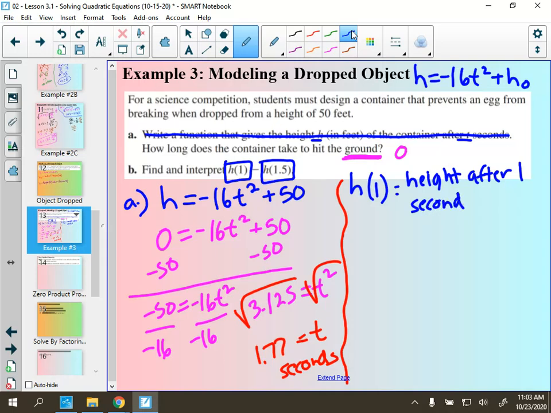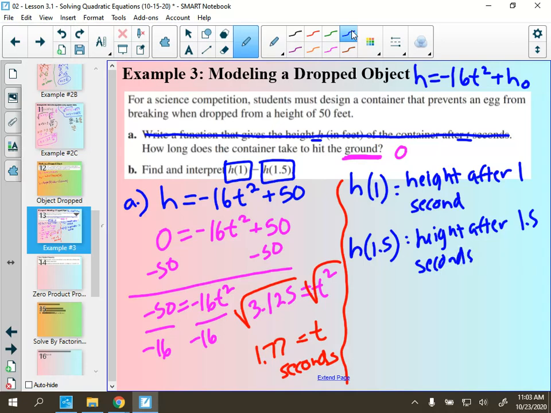It's not saying we're 1 foot above the ground. It's the height after 1 second. And now that we know that, this then would be the height after 1.5 seconds. So that's the interpretation there.